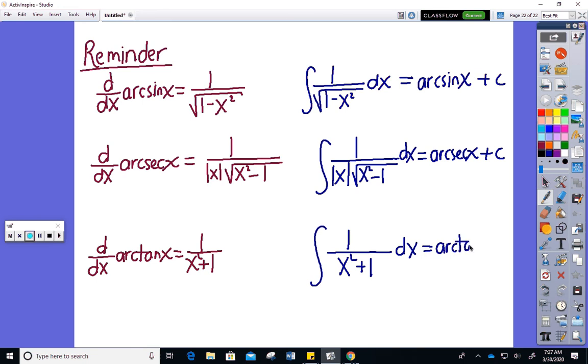So I want to just mention a couple of kinds of problems that I can make a little fancier. I don't want you to be taken off guard with these. If I said, what is the antiderivative of 4 over the absolute value of x times the square root of x squared minus 1, then I want you to realize you can pull the 4 outside the antiderivative sign because it's just a plain number.